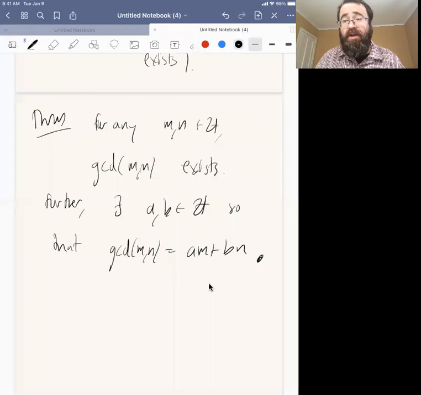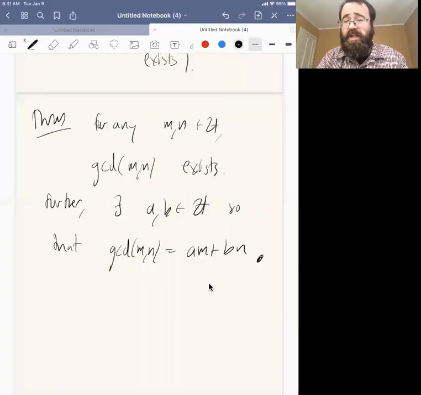Okay, so not only does it exist, but it is a linear combination, right? In linear algebra, we talk about linear combinations, so I think I can use that language. It's a linear combination of m and n. In other words, it's some integer multiple of m plus some integer multiple of n. That may not seem that significant, but it's actually quite significant.